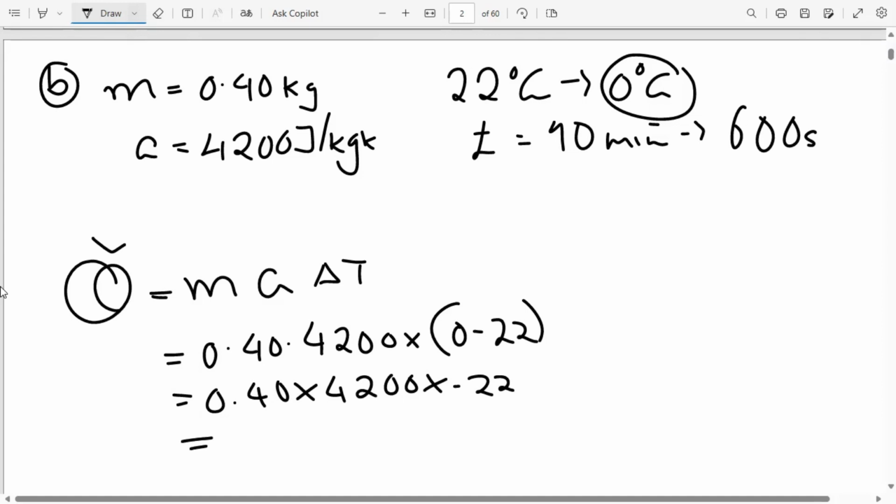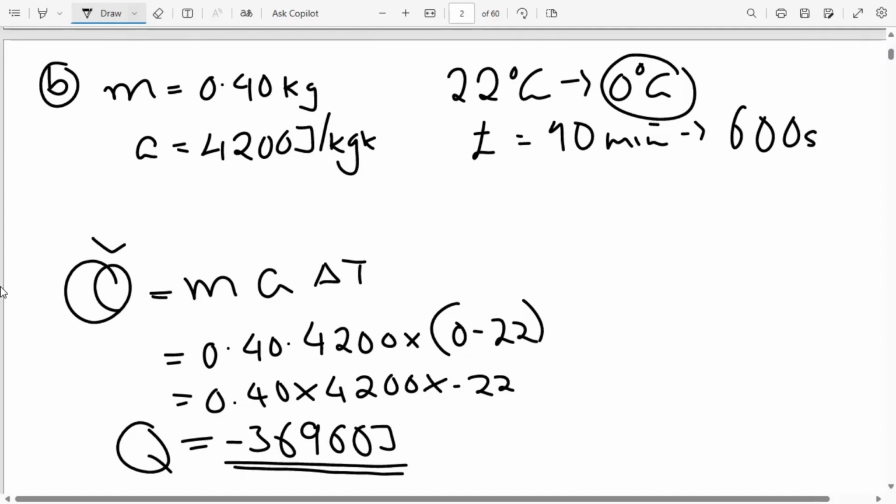If I plug this into my calculator, I'm getting Q as exactly equal to negative 36,960 joules. So the energy that is lost is 36,960 joules, and since it's being released, it's negative.